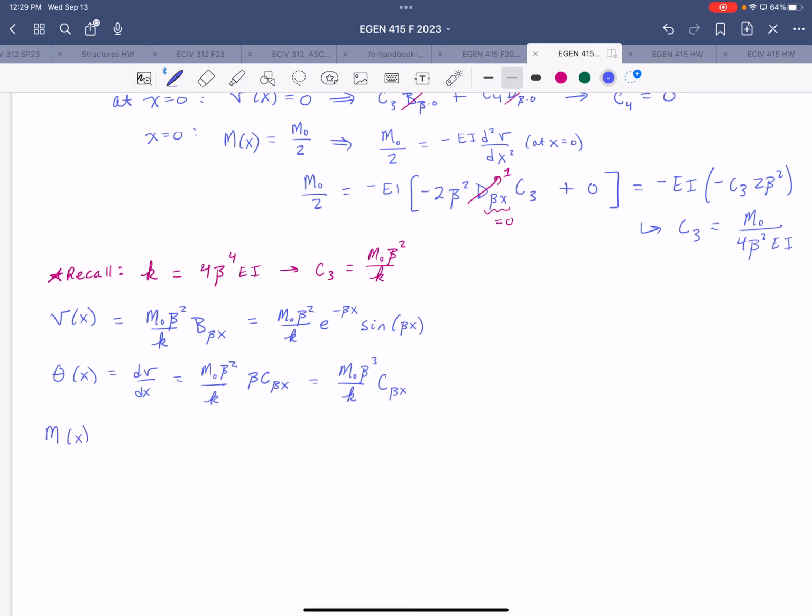And then for moment, once we get to moment, we have to remember to include the EI term. That's something that often gets forgotten and omitted, but it's an important one, because when you have values to plug in, it'll make a huge difference.